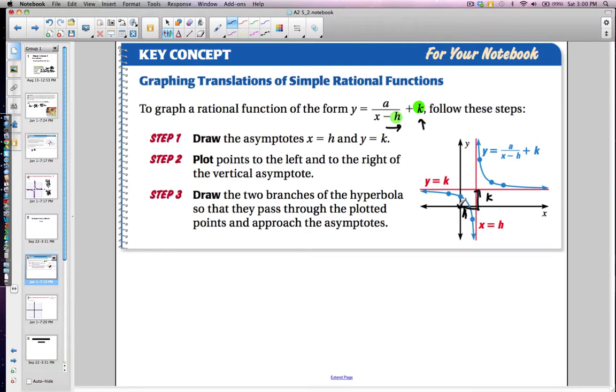Okay, and what it's shifting is the intersection point of the 2 asymptotes. Okay, so the steps to go ahead and graph this is identify h and k and draw in the asymptotes, x equals h and y equals k. Then go ahead and plot points on the left. I would use an input-output table to the left or right, and then match to the other side using symmetry, and then draw your 2 branches.